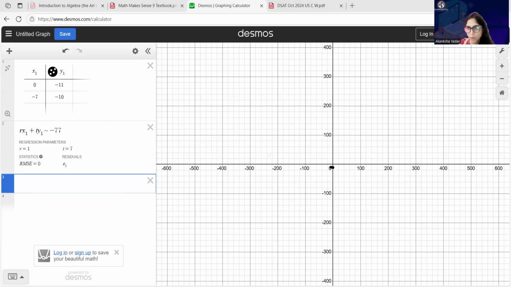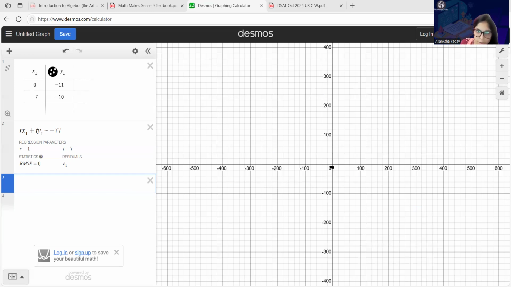There are several questions. They say, what will be the equation for this particular graph, table, or word problem? Or sometimes they give you several points and they say what will be the answer at this particular x value or at this particular y value. Over there also, first you need to find the equation and then put it in. So in these two types of situations, we'll be using modeling.